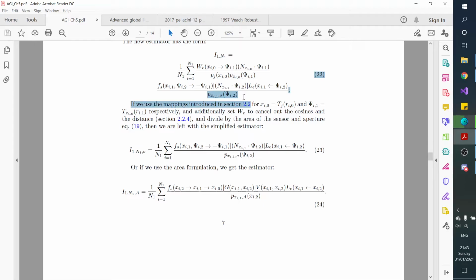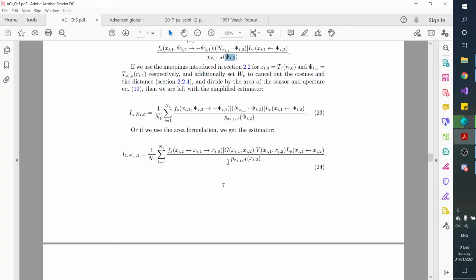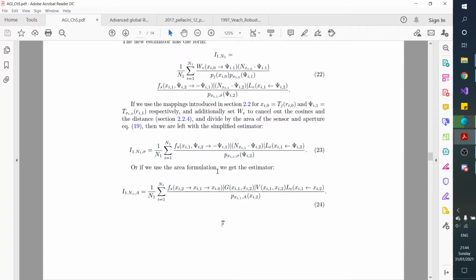The only difference is how you pick the point for the scattering. One possibility is to just pick a random direction on the upper hemisphere around the normal. Then you have this ξ2. The other option is to pick a point on the scene, or let's say on a light source, so ξ2. So what you see here. And these two, this formulation is simply the solid angle formulation, and this formulation is the area formulation.